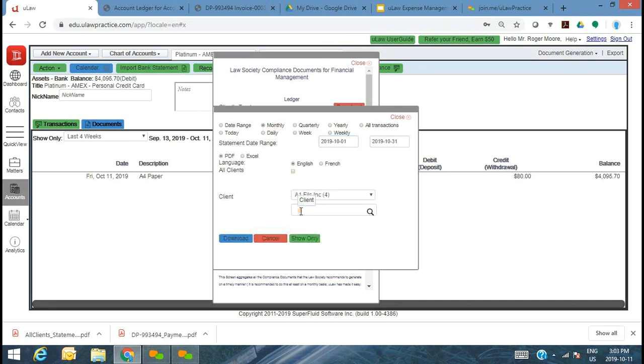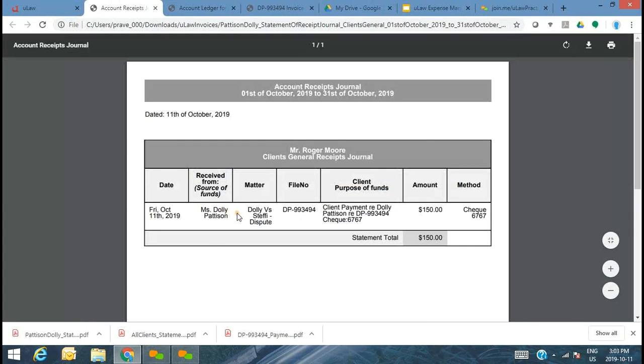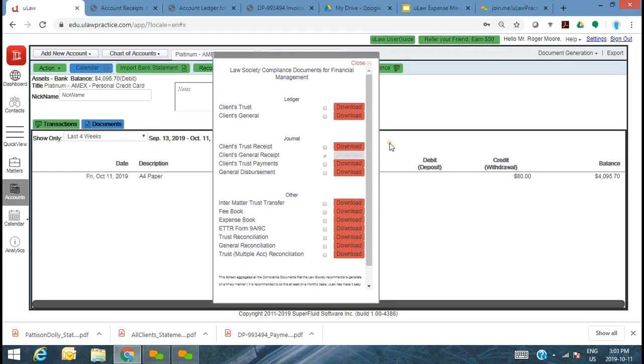And you can just check this and even search for Dolly Patterson and do it very specific to her situation. But in general, it's done for a time period. There you go. For Ms. Dolly Patterson, you had one payment of $150 using 6767 as a check number. So you've already done the general ledger, the general receipt.